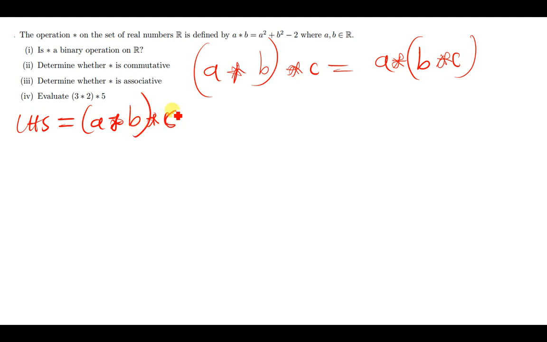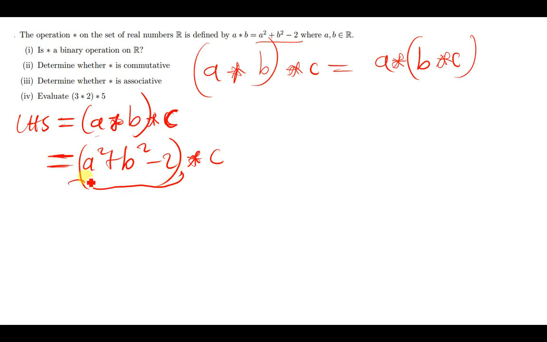So this is the left hand side. The A star B, we already have A star B, which is simply what you've been given there. So when you write it in this format, this whole expression here becomes my A, this one becomes my B. So we replace them back into that equation.